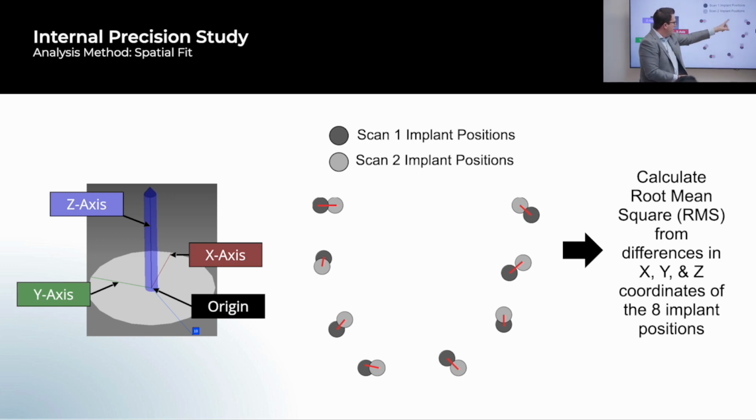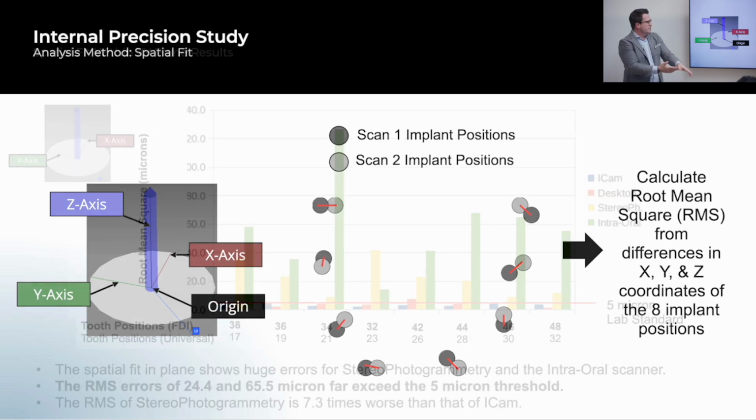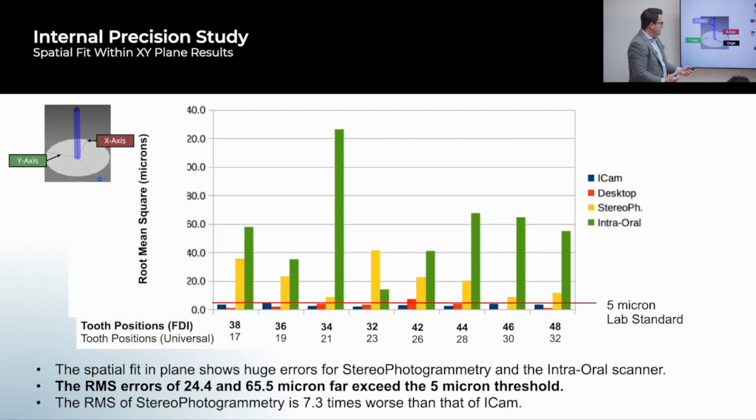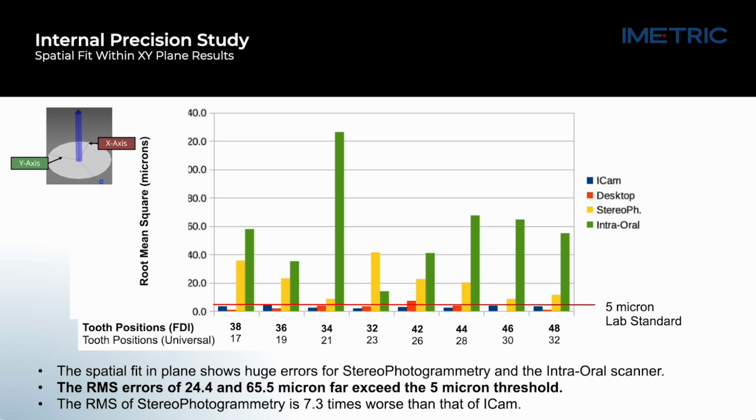We've got 8 implants on the model, we scan it once and then we scan it a second time. In theory, those 2 scans should be identical, right? You would hope. The challenge is that isn't always the case. And so when you look at the outcomes, again, with the intraoral camera, sometimes 20 microns of inaccuracy, and across the whole arch, that obviously adds up, and that's why you can have a non-passive fitting prosthesis.